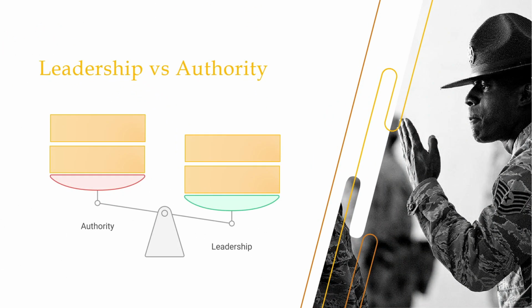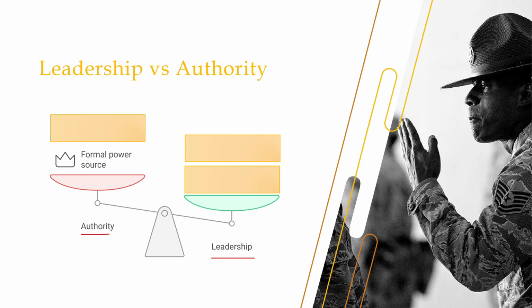Let's talk about leadership versus authority. This is an important topic, and as you can see, authority weighs lighter than leadership. So, leadership is what you should be after. Authority is the formal power, right? It is granted by an organization, it is defined through titles, it can be defined through documented responsibilities.